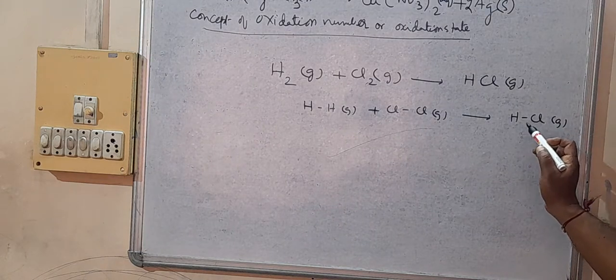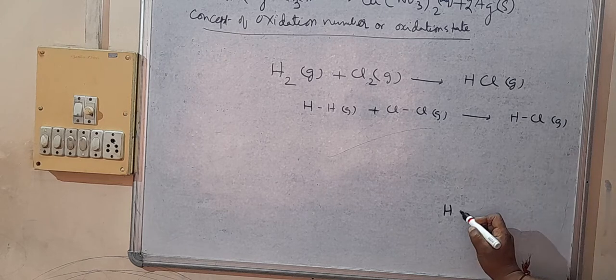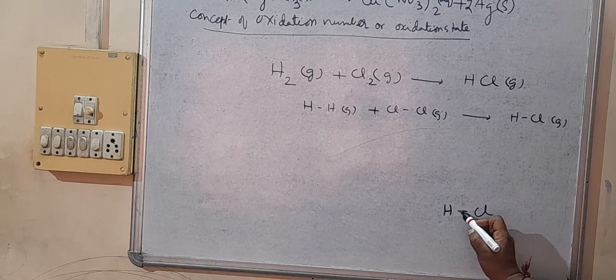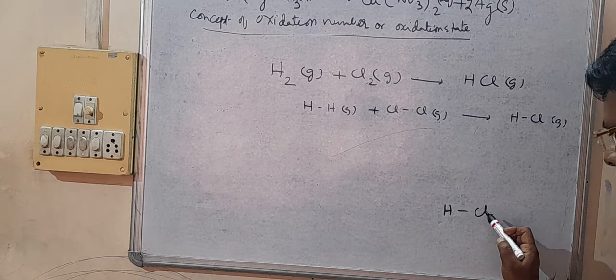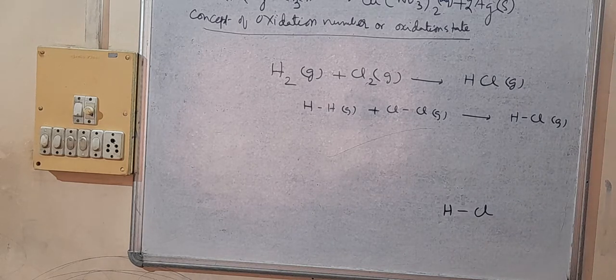Suppose HCl, this substance, here there are 2 electrons. Those 2 electrons have been provided, one by hydrogen and one by chlorine. Now you know this thing also, that chlorine is more electronegative than hydrogen.